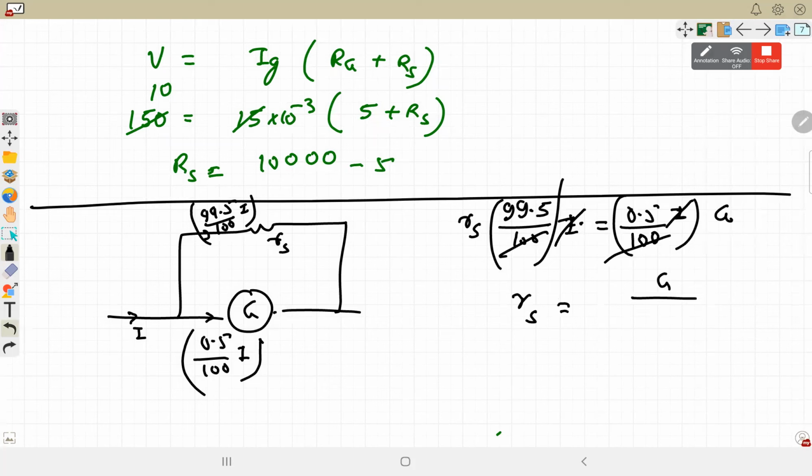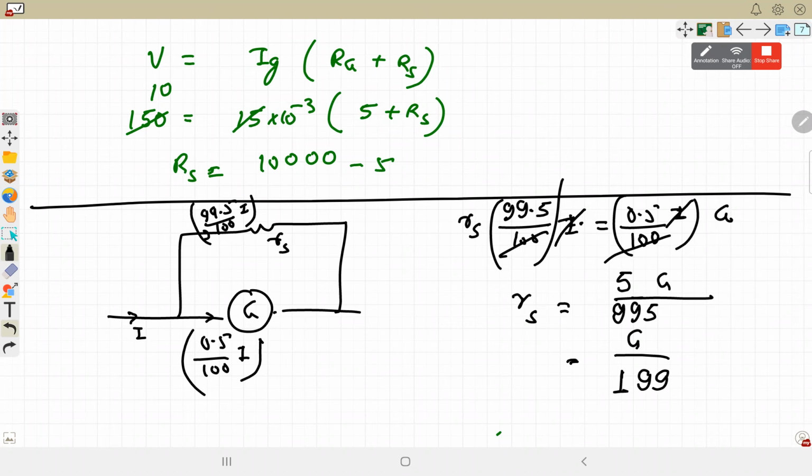Shunt resistance comes out as G divided by 0.5 divided by 99.5, which is G by 199, that is the shunt resistance required.